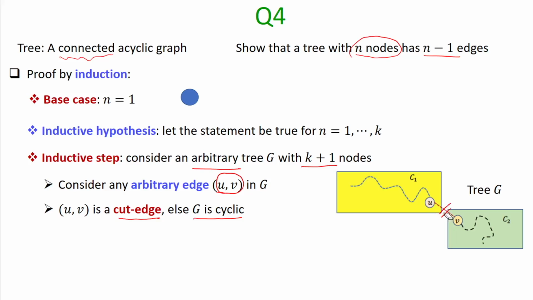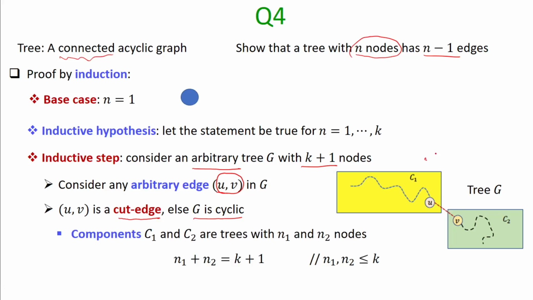So now, if my edge u comma v is a cut edge, I will get two components C1 and C2. I don't know how many nodes are there in C1 and how many nodes are there in C2, so I can assume that they have n1 and n2 nodes respectively.